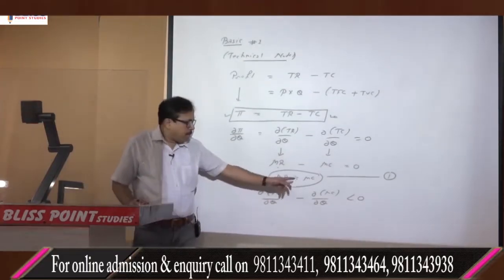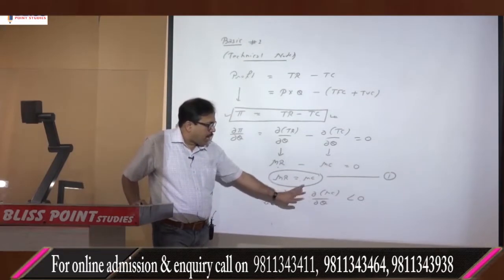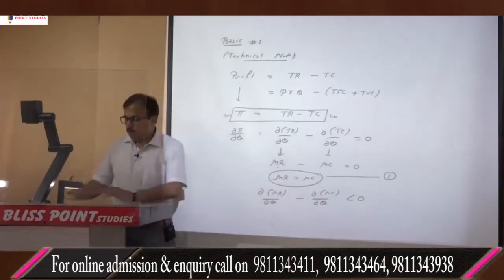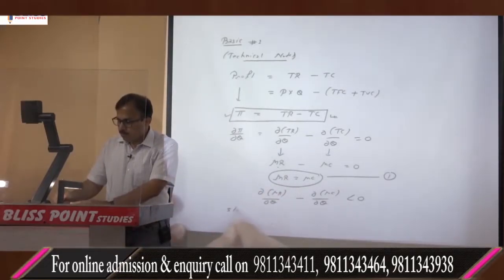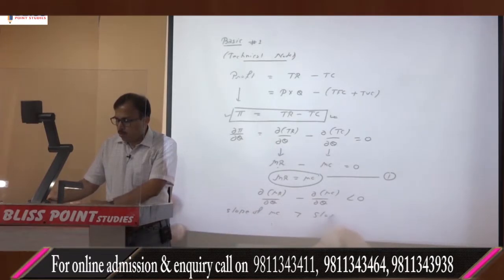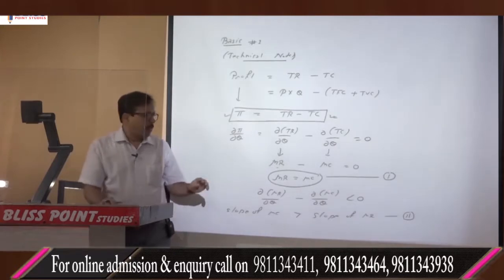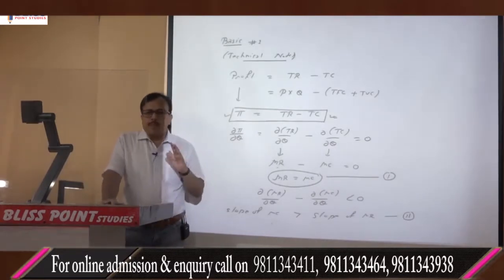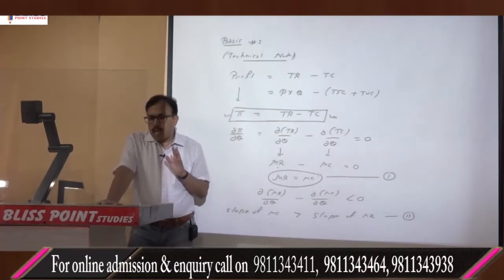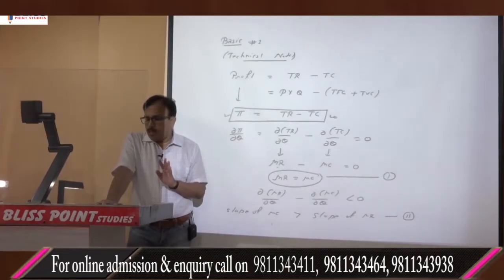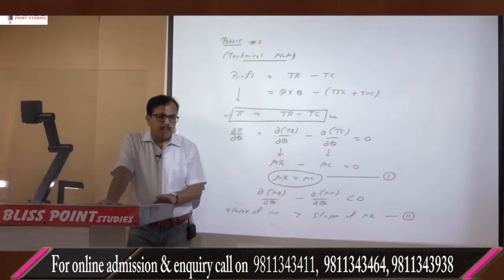Now this complete term can be negative when this negative value is higher than the positive value, which means slope of marginal cost must be greater as compared to slope of marginal revenue. That is the sufficient condition. So profit of the firm gets maximized where MR equals MC, that is the first condition, and second, slope of MC is greater than slope of MR.